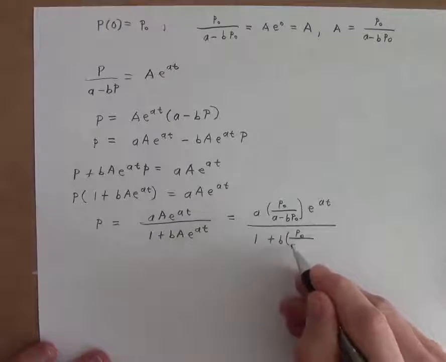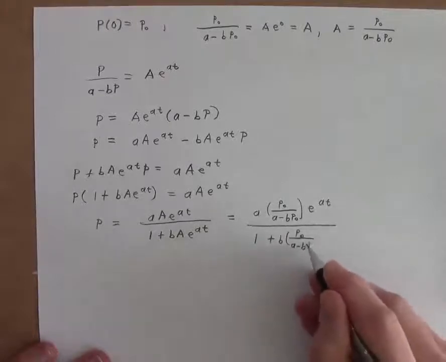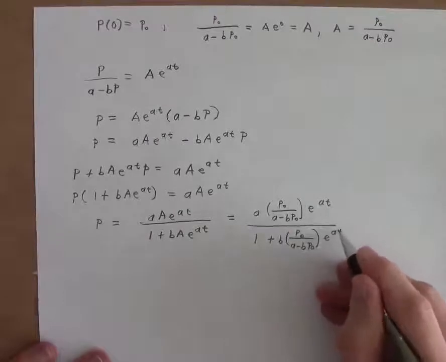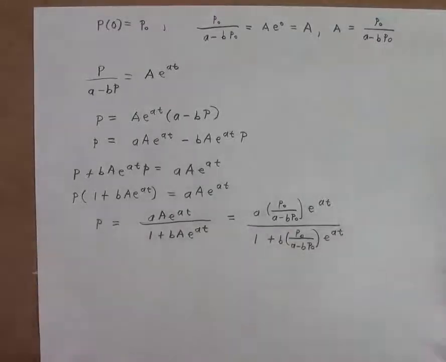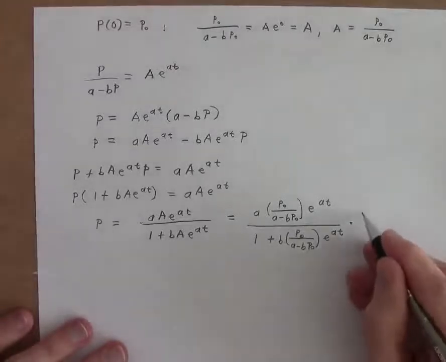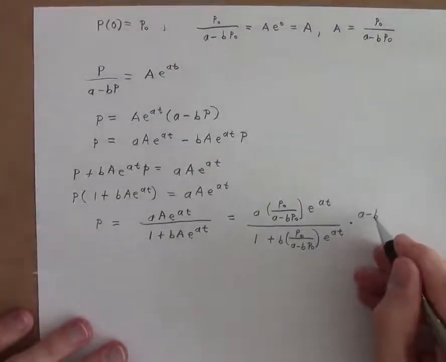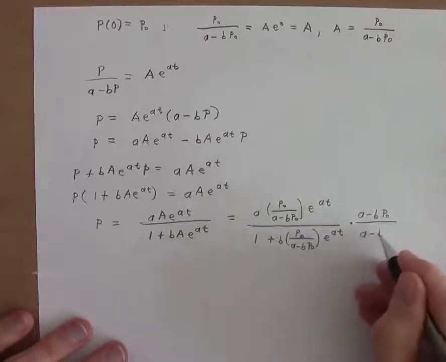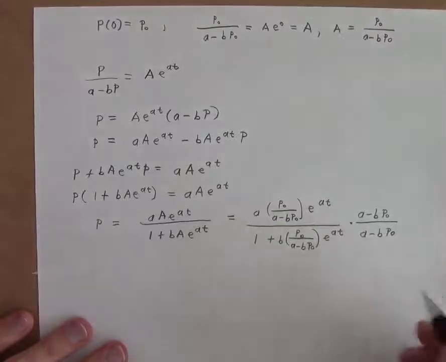And down here as well. But then that makes the fraction look a little bit messy. So let's multiply top and bottom by (a minus b p sub 0), just to clear that out.